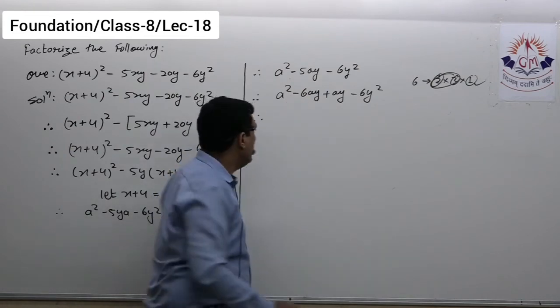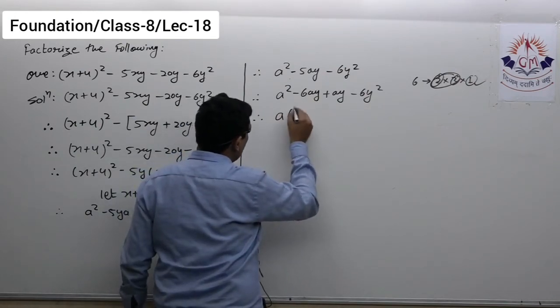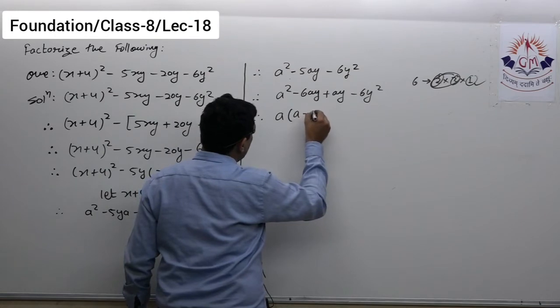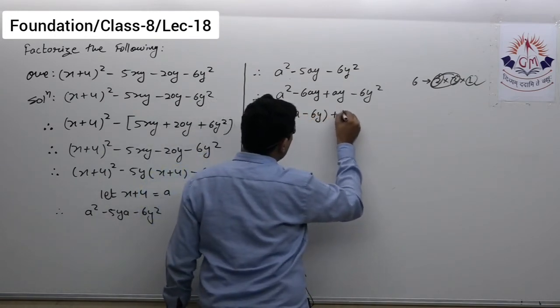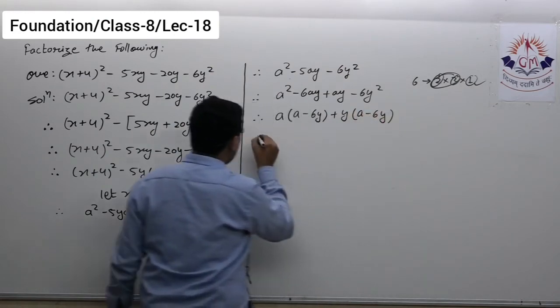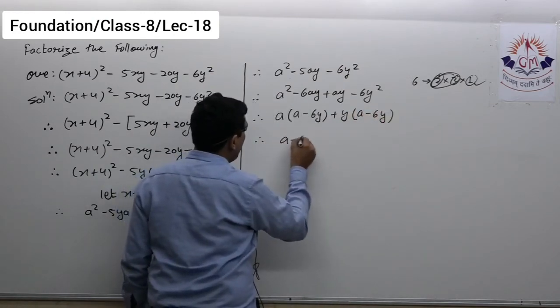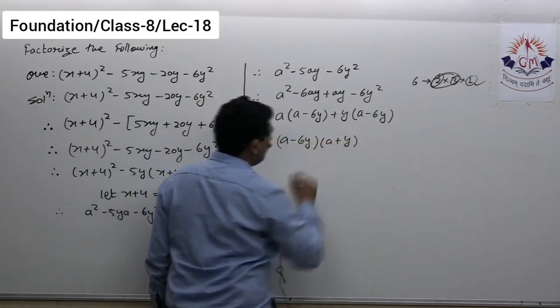So absolutely correct. Now from these two I will take a common, so here I get a minus 6y. From these two I can take y common, so I will get a minus 6y. Now from these two I will take a minus 6y common, so here I will get a plus y.